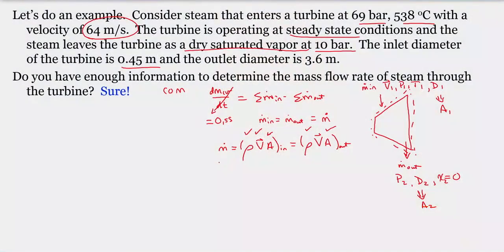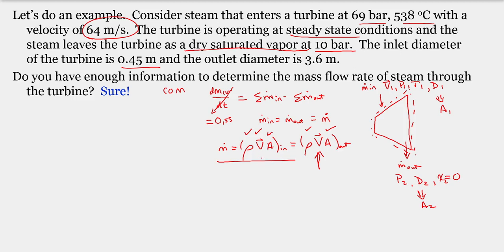So sure, the short answer is yes, I can evaluate the flow rate using all the information at the inlet condition. I don't have the velocity at the outlet condition, and that, in fact, is going to be the question I'm going to ask you next. So let's take this information and go ahead and do that calculation.